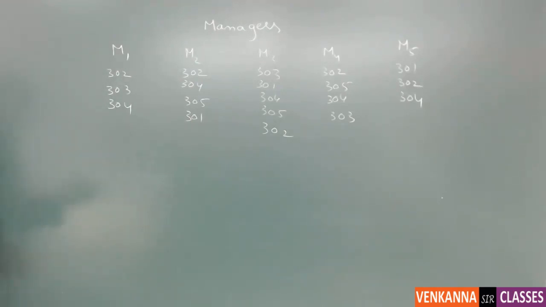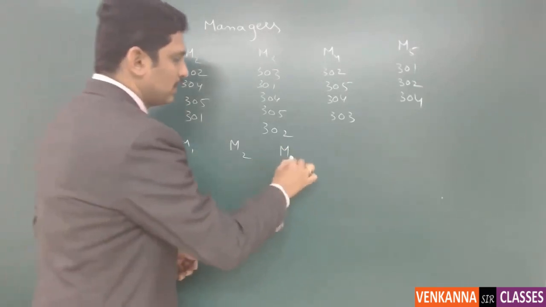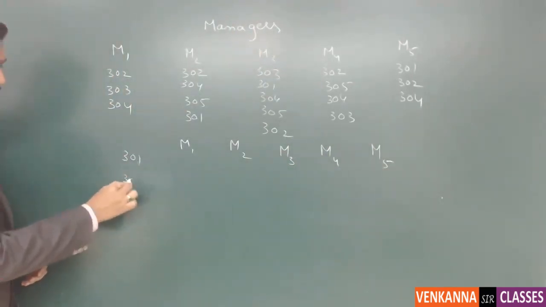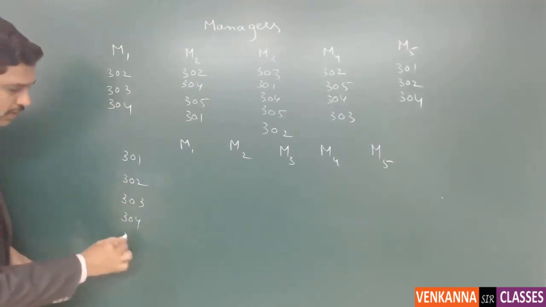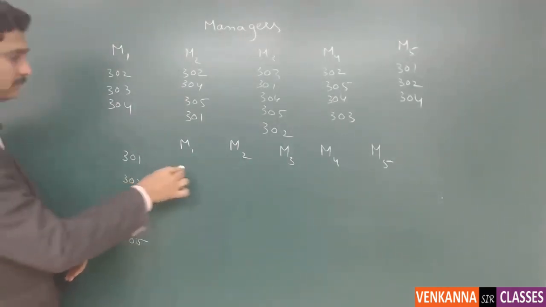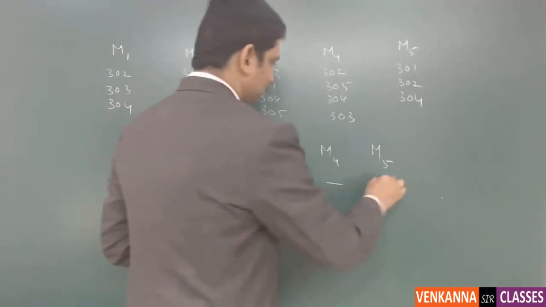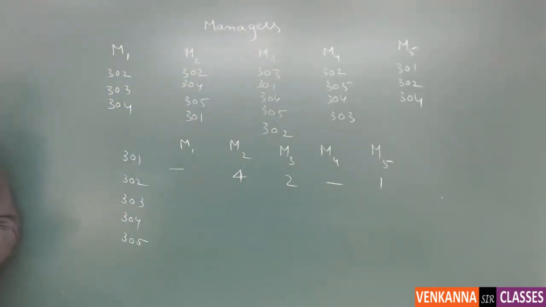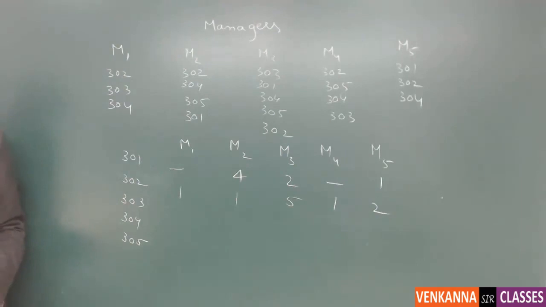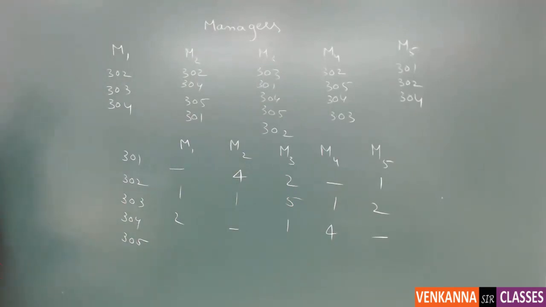So if you frame the tabular data, M1, M2, M3, M4 and M5, against the room numbers 301, 302, 303, 304, 305, I will write the respective numbers as 4, 2, 1, then 1, 5, 1, 2, then 2, blank, 1, 4, again blank, and then 3, 2, 3, 3, 3.